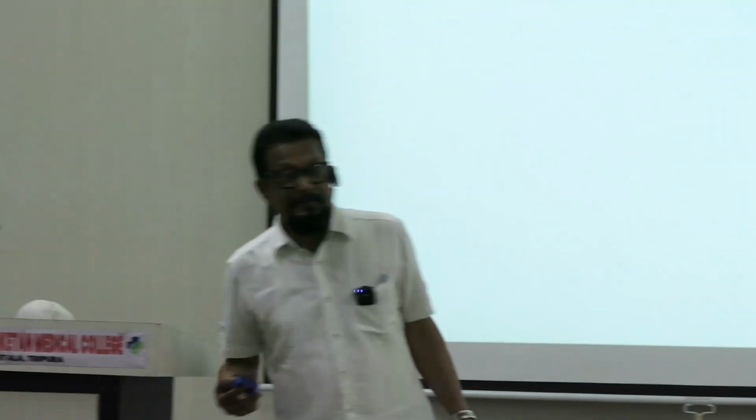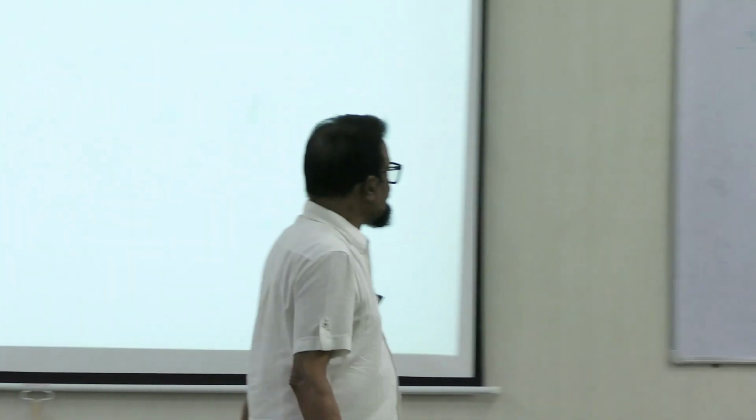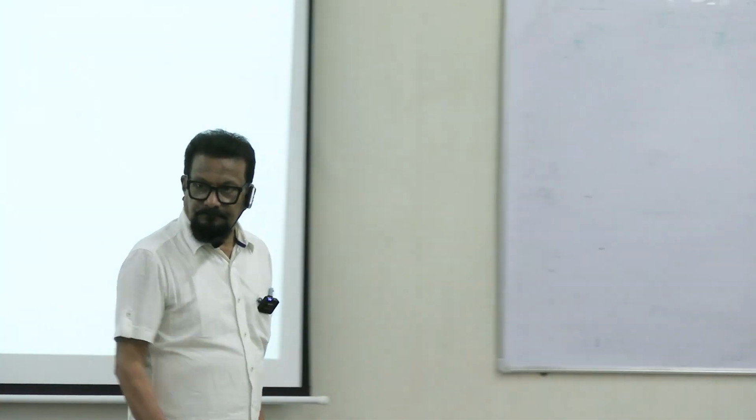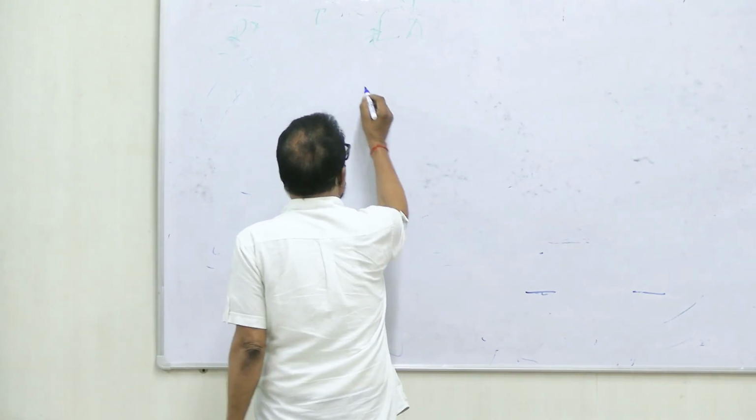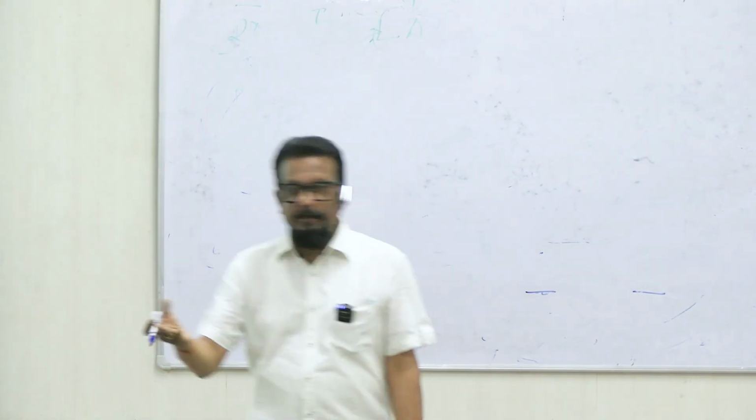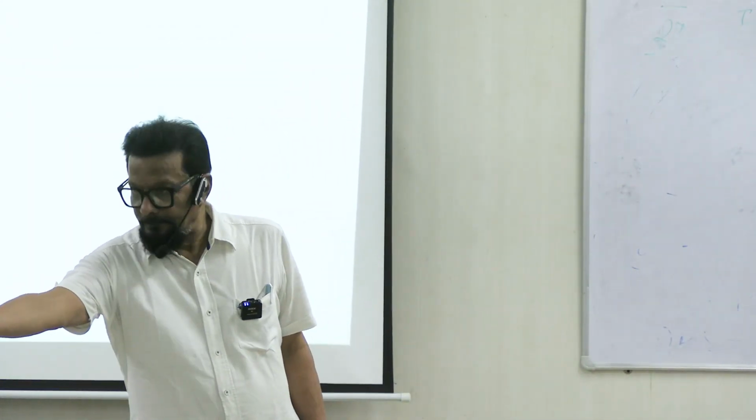Now I am giving you one of the accurate methods, involving Einthoven's method. What you have to do is first draw an equilateral triangle. So I am drawing an equilateral triangle.